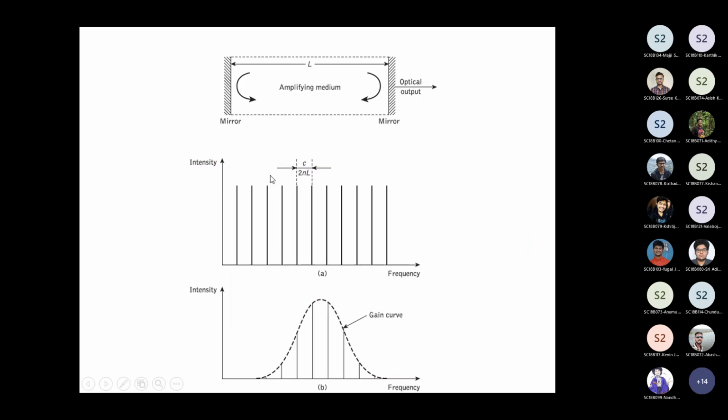Just like that, this cavity, called the resonant cavity, can support multiple discrete wavelengths or multiple discrete frequencies. So a laser is nothing but a combination of both the gain medium and the resonant cavity.